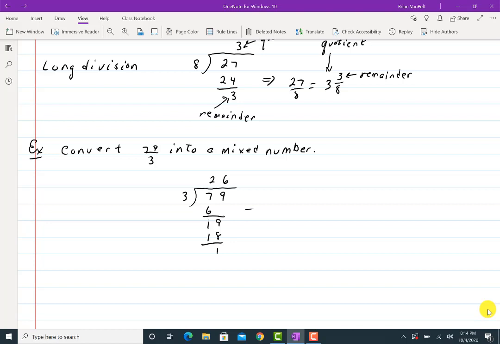So all this means is that 79/3 equals, put the quotient first, so there's 26. The quotient goes first, and then the remainder goes over the divisor. That was a 3, not an 8.